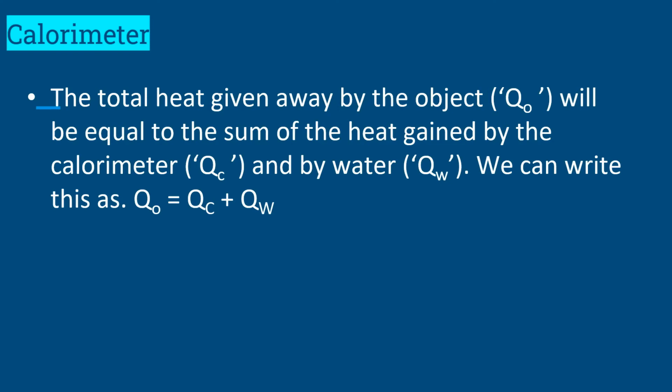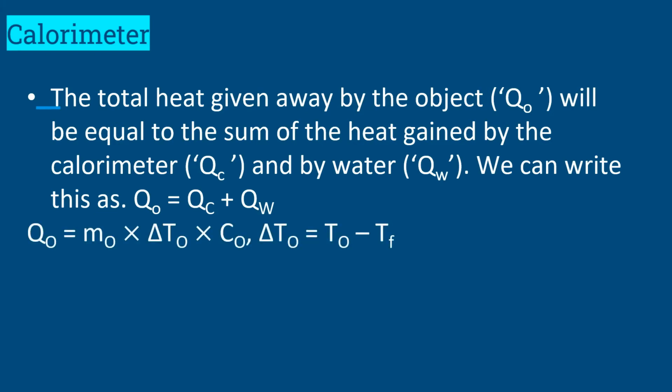So since the heat given by the object is absorbed by calorimeter and water, the heat given by the object Qo will be equal to Qc plus Qw, since heat given by the object is absorbed by calorimeter and water both.